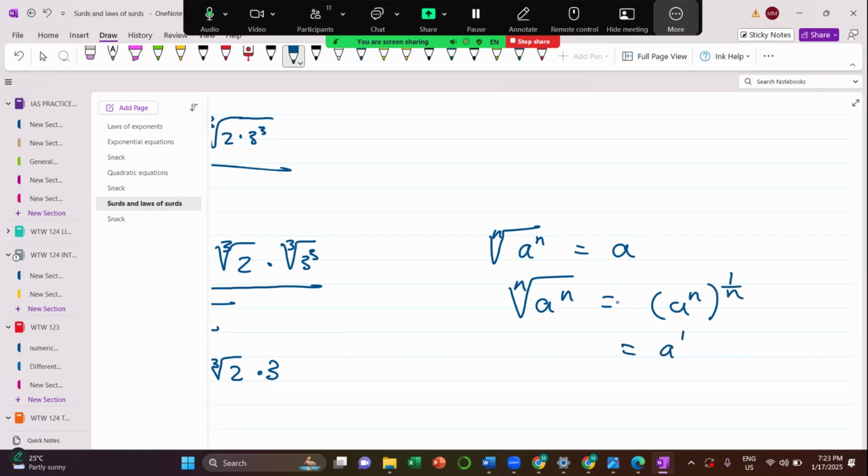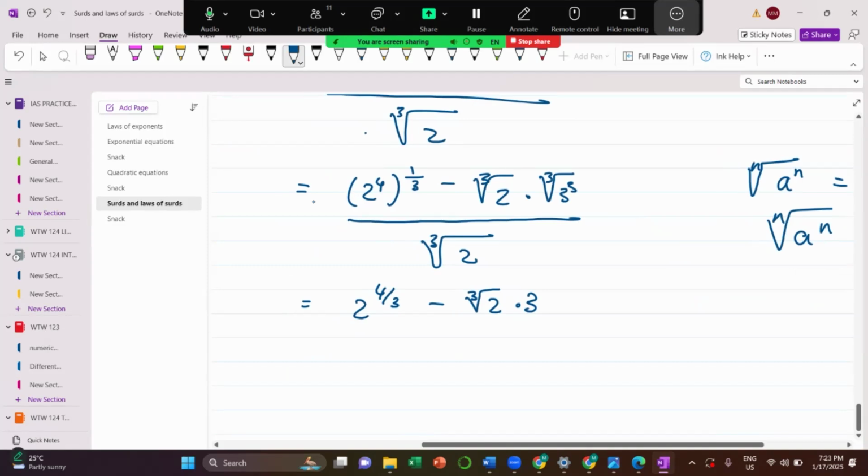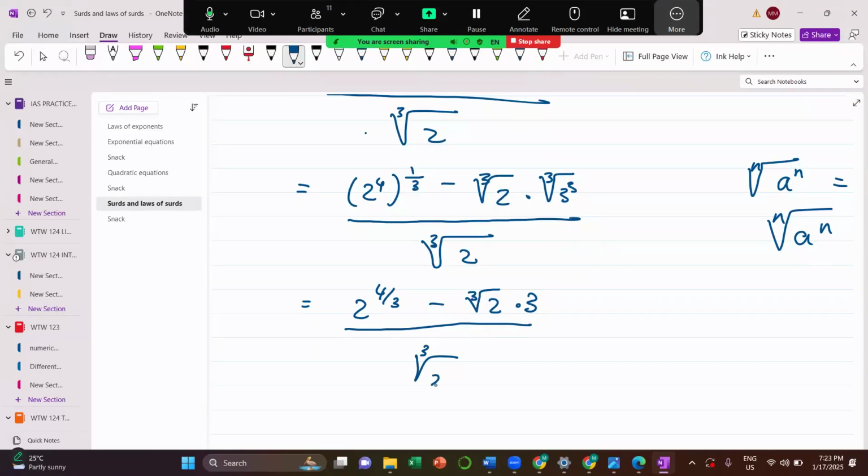So it's a to the exponent of 1, which is just equal to a. So I explained that law yesterday. All over, I'm going to write this 2 also. So now let's continue. I still have the cube root of 2.